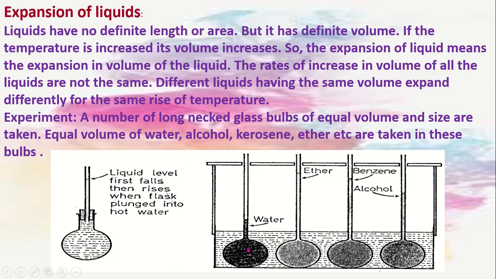Then what will happen? When we pour some hot water into the vessel, after some time the bulbs will attain a higher temperature, and it will be seen in the stem of the bulbs that the upper levels of the different liquids are not at the same height, rather their heights are different.